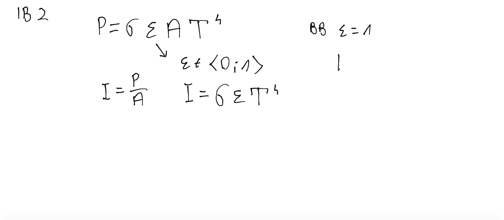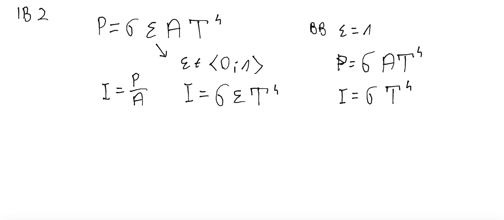What does it mean? That power emitted by a black body is equal to constant times area times temperature to the power of 4, or intensity of a black body is constant times temperature to the power of 4. So in each case, power depends on the fourth power of temperature.